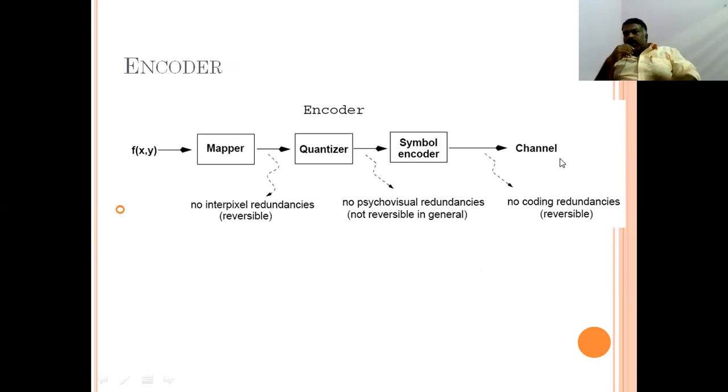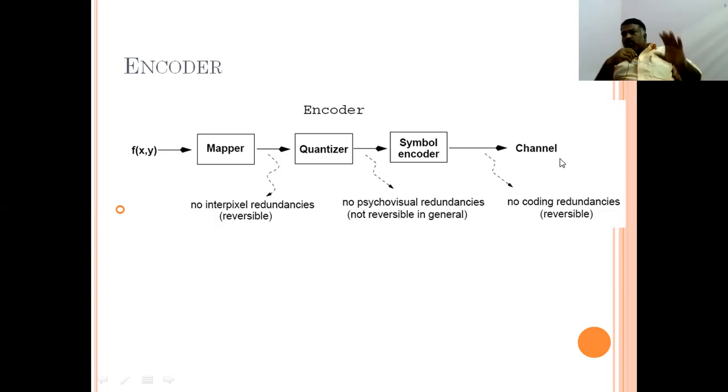The encoder side comprises sub modules: mapper, quantizer and a symbol encoder. The mapper is used to perform the reduction of interpixel redundancy. The quantizer is used to perform the reduction of psycho-visual redundancy.